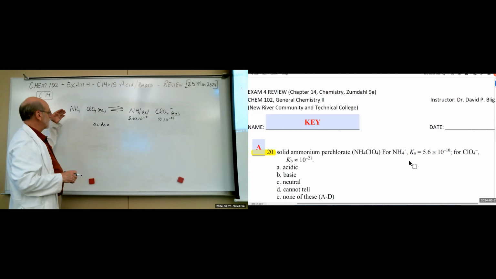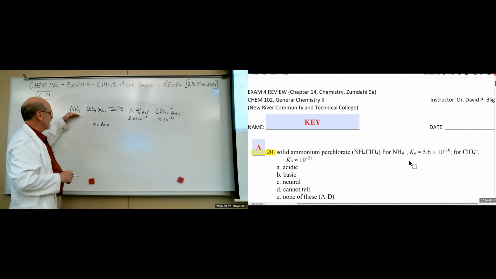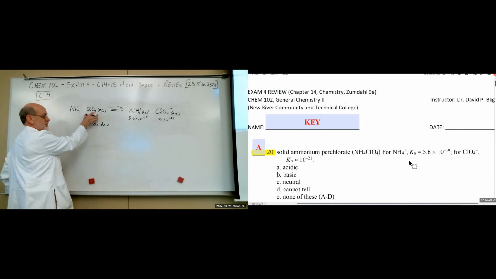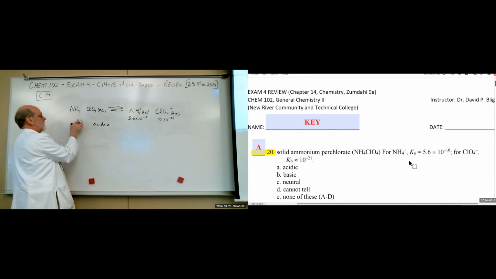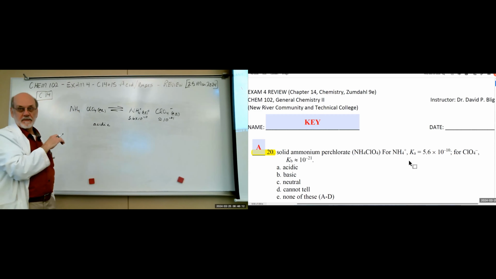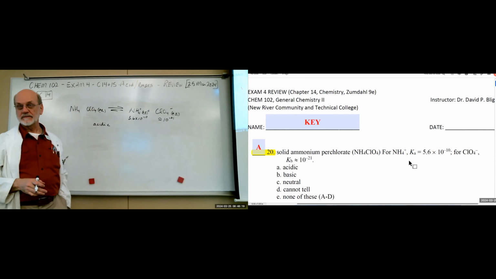If this is formed from a weak base, and this is formed from a strong acid, perchloric acid is a very, very strong acid, whereas ammonia is a very weak base. So the rule of thumb says that's strong, that's weak, we have an acidic solution.